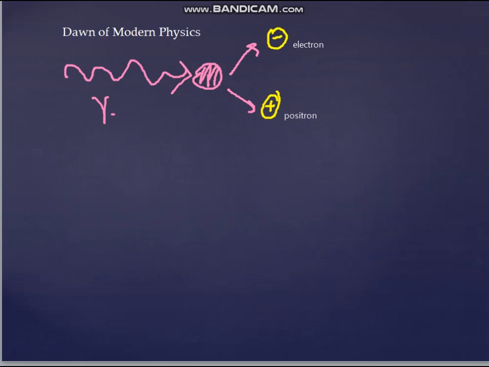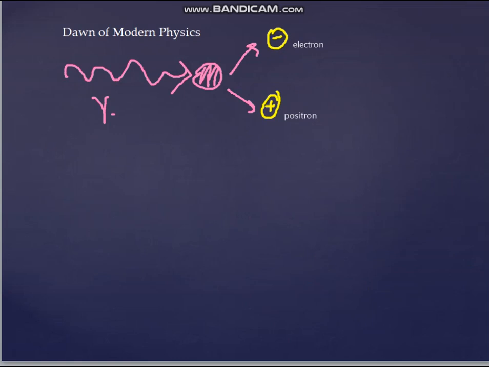Pair production cannot take place in vacuum because if there is a nucleus, the space is not empty, which means there is no vacuum.